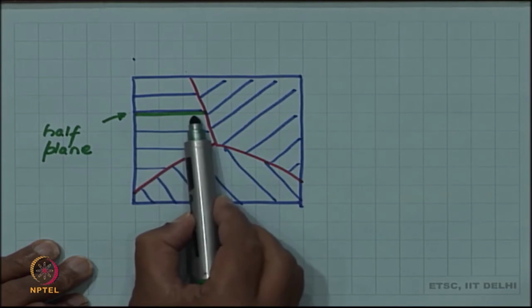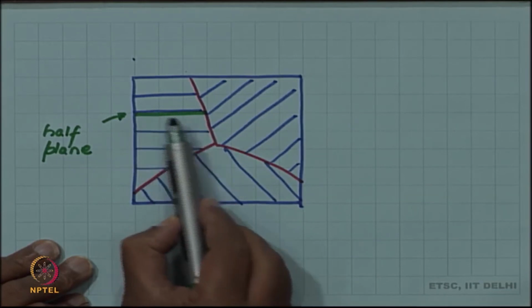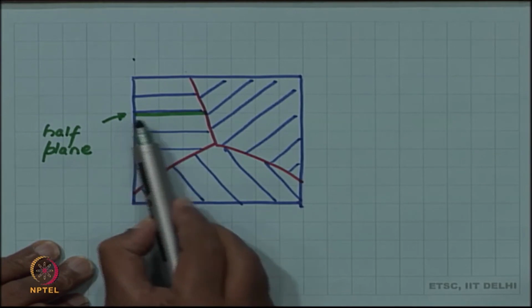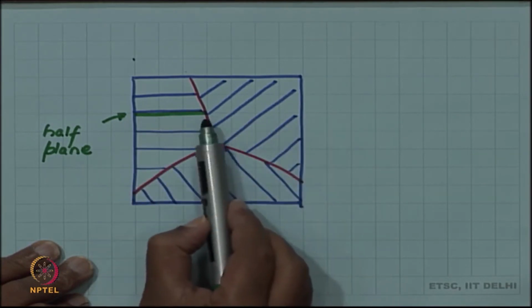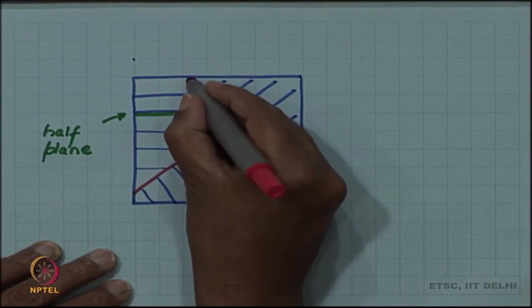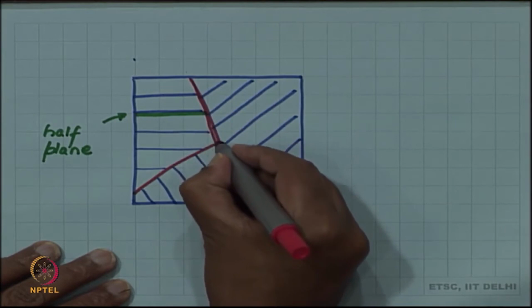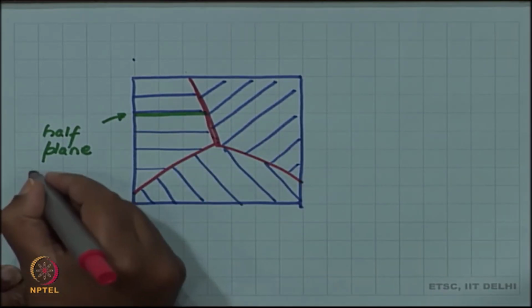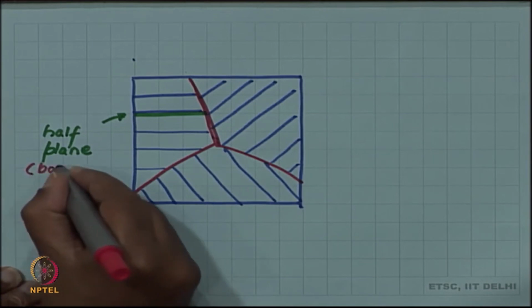The bottom edge of this half plane will be a dislocation line, which will start on this free surface, but is not going all the way to the other free surface; it is interrupted by this grain boundary. This grain boundary interrupts this dislocation line.